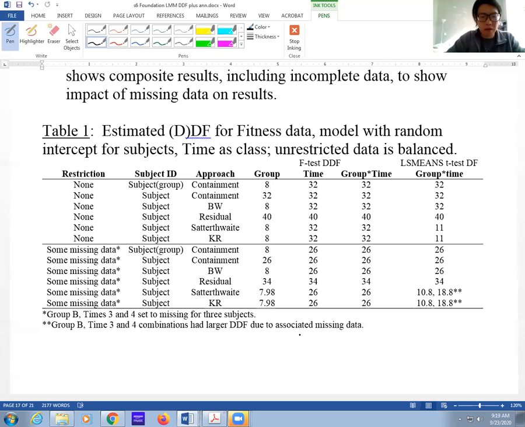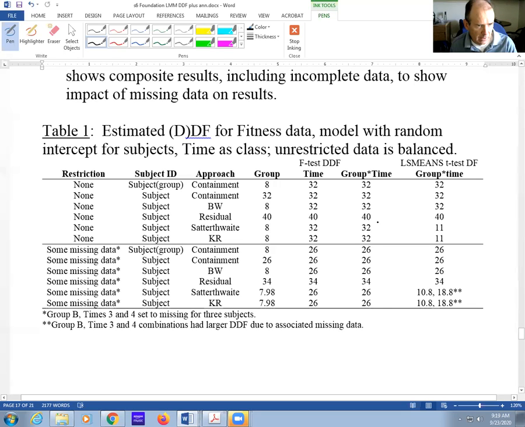Why, for the Satterthwaite and the KR method, is the t-test DF different from the F-test DF? Say that again, Randy. For the interaction term, group times time, we get 11 for the t-test DF, but we get 32 for the F-test DF.